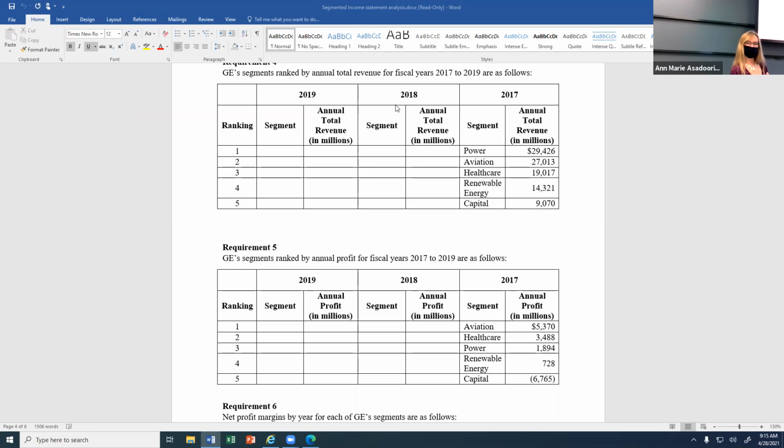What I'm showing you is, don't just look at that consolidated financial statement, because that really is just a sum of everything. It's much easier to see where the company's going, or the potential for increased profit, if you can see the segments and where those segments are going.